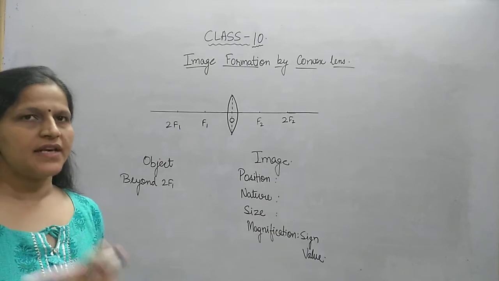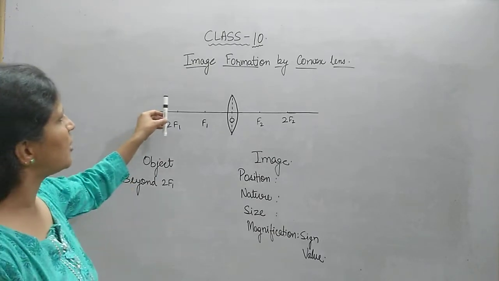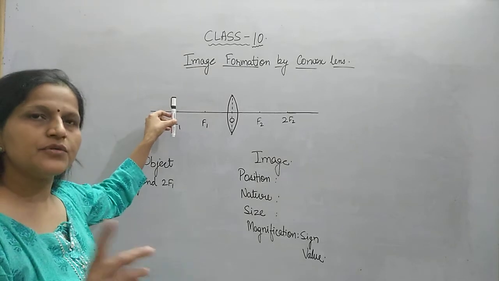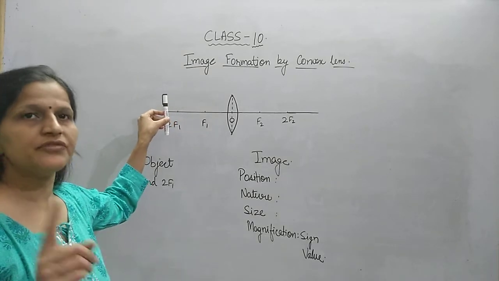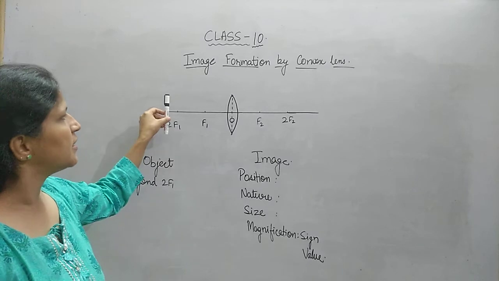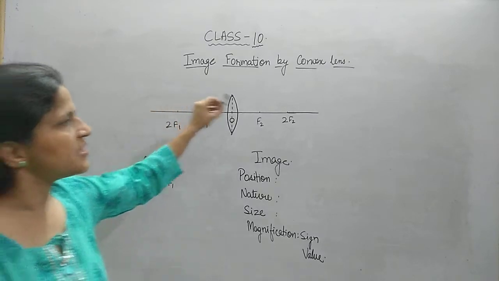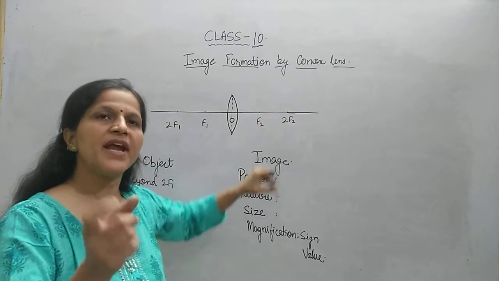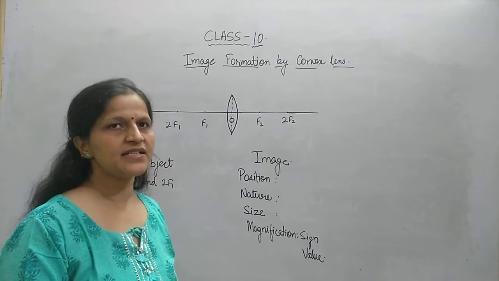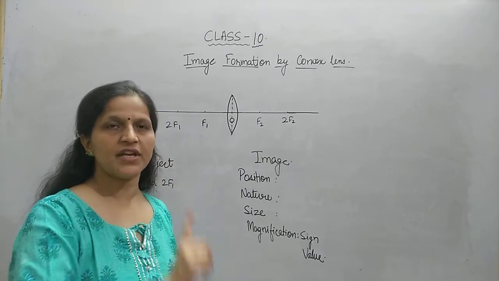Like this, the next diagram will be bringing the object at 2F1 using any 2 rules out of the 3 rules that you have known. You can find that the image is formed at 2F2. It will be an inverted image of same size, just like we did in the concave mirrors.